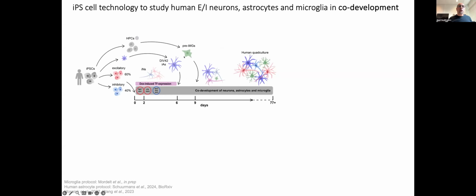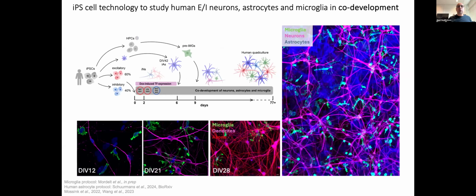In the case of microglia, we think they are protective for potential seizure activity. This is how it looks. I think it's always very pretty, so I like to show it. The neurons in red here, and the microglia in green that help sculpt the neurons and help mature them.